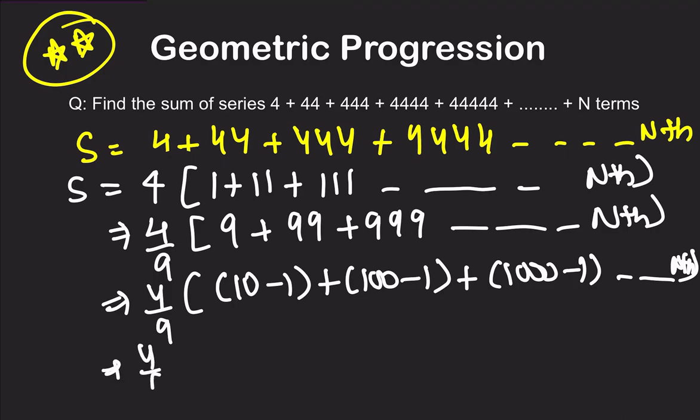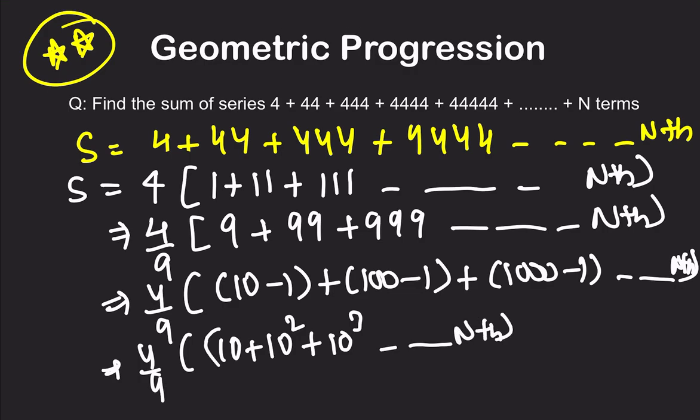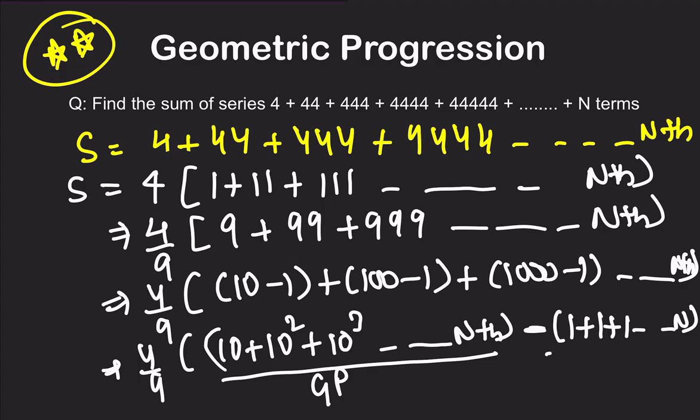Now the next step is 4 by 9. Take 10, 100, 1000 separately. So 10 plus 10 square plus 10 cube and so on, to the nth term, minus 1 plus 1 plus 1 up to n times. So this is a geometric progression series, and the summation of 1 plus 1 plus 1, n times, is simply n.